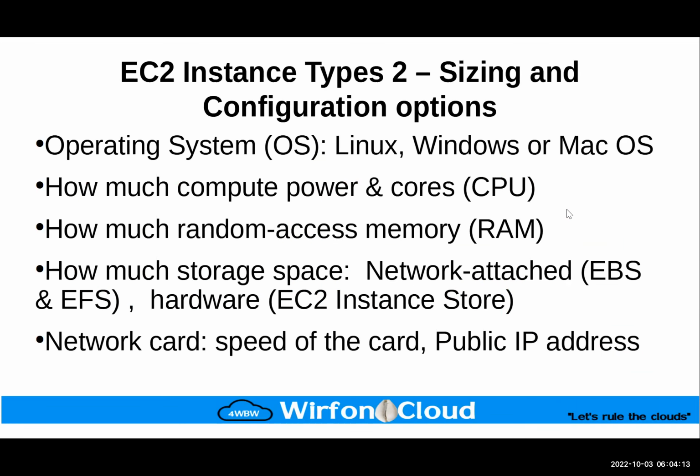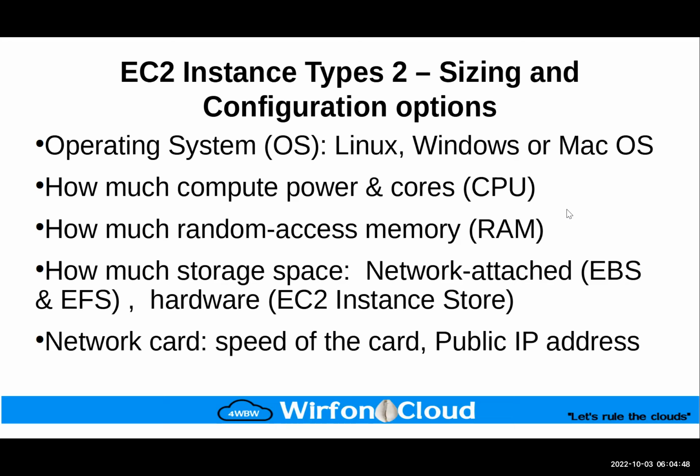The instance types have different sizing and configuration options. You can choose an operating system depending on the type of work you want to do: Linux, Windows, Mac OS, Ubuntu, or Red Hat. You decide how much compute power you need, what CPU, what random access memory, and how much storage space.